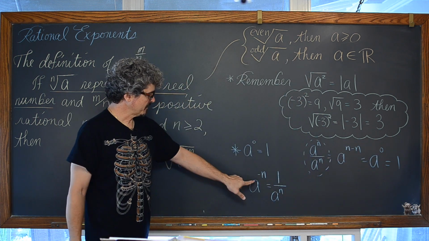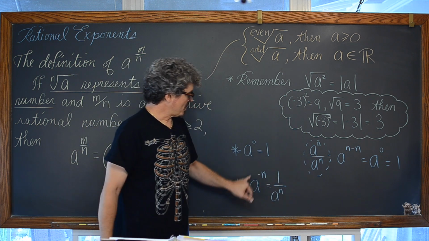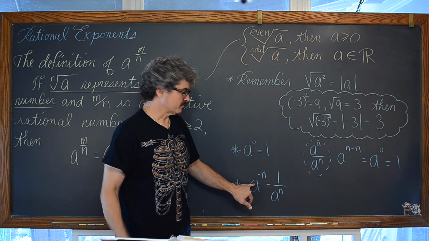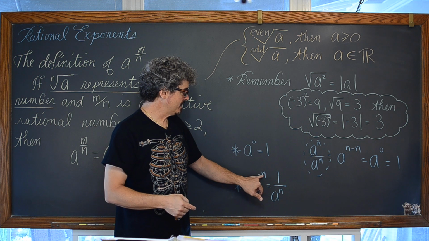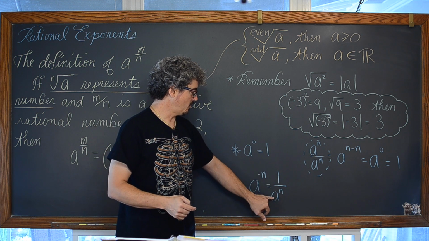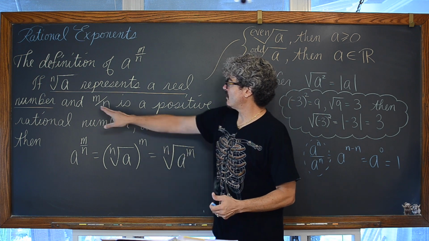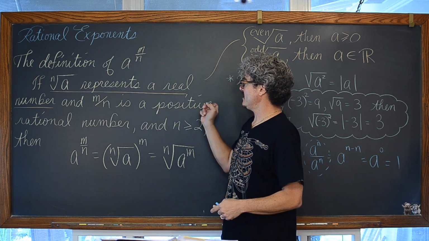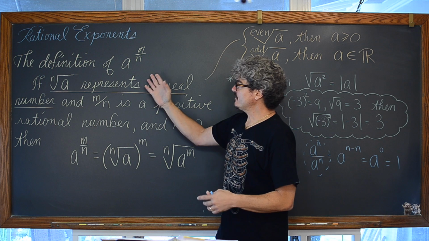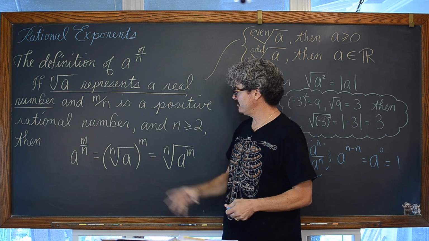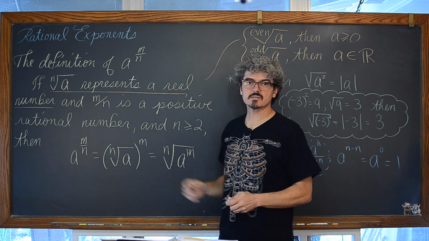And why am I including this property? We're trying to remind you that a to the negative n power is equal to 1 over a to the n. Didn't we just say that our fractional exponent had to be positive? Well, that's in the definition of a to the m over n, but that's just to clarify and make a precise definition.